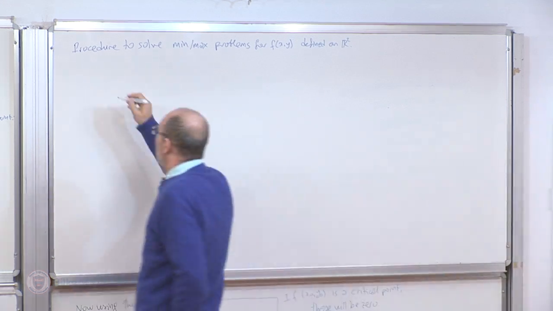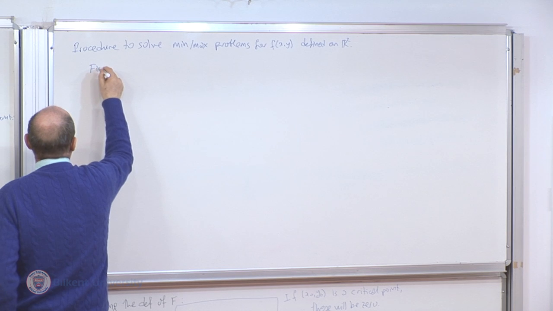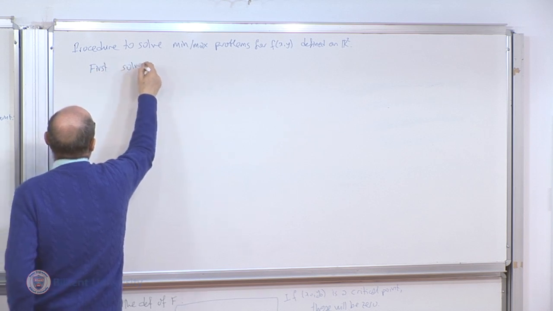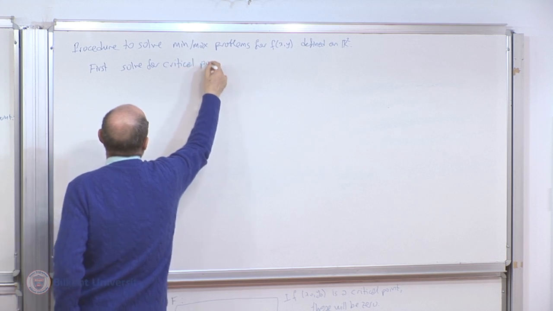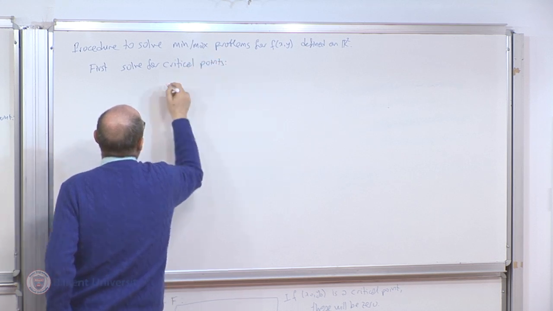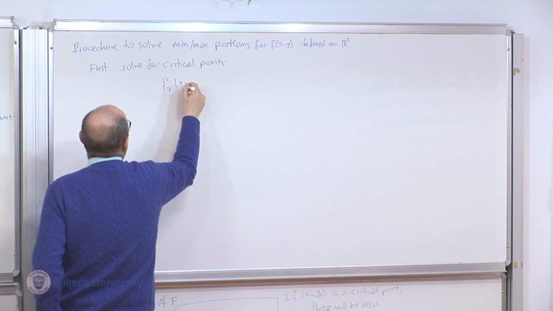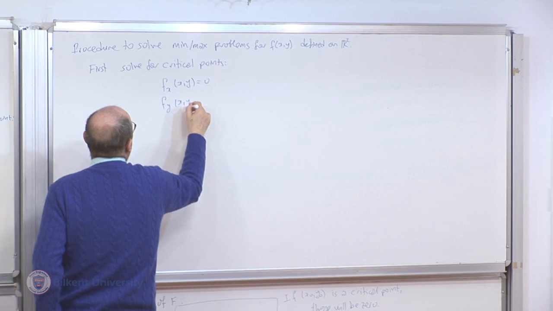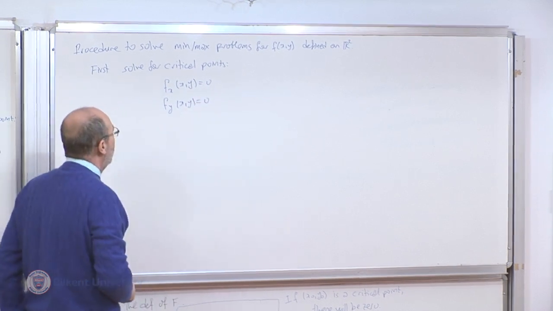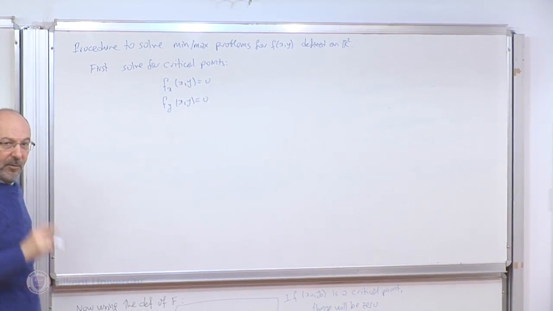Okay, so first, solve for critical points. So you want to solve this equals 0 and this equals 0 simultaneously. Okay, so this is the tough part.